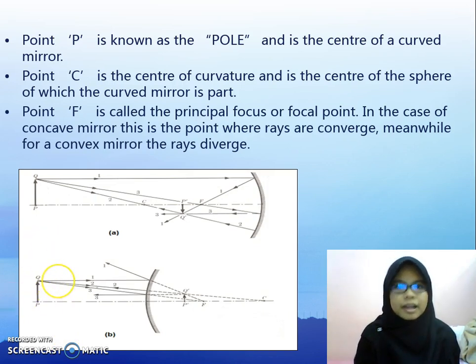Point P is known as the pole. N is the center of a curved mirror. Point C is the center of curvature and is the center of the sphere, while point F is called the principal focus or focal point.